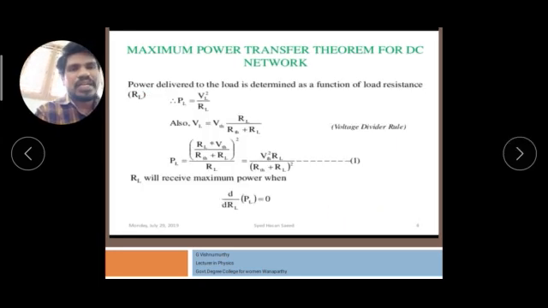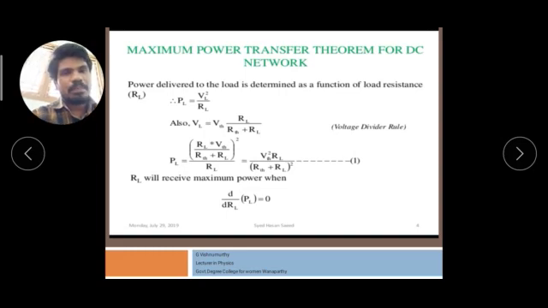Now we will find the power delivered to the load as a function of the load resistance RL. We know that P is equal to V square by R. The power is indicated with P, and P is the ratio of the square of the voltage to the resistance.